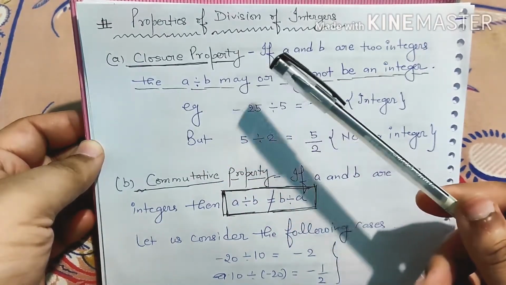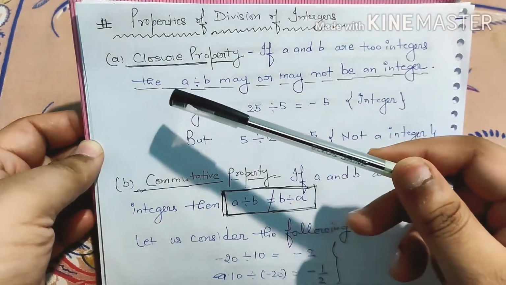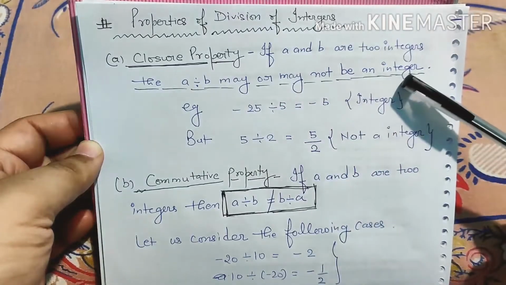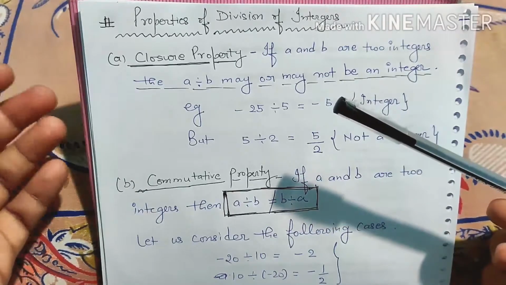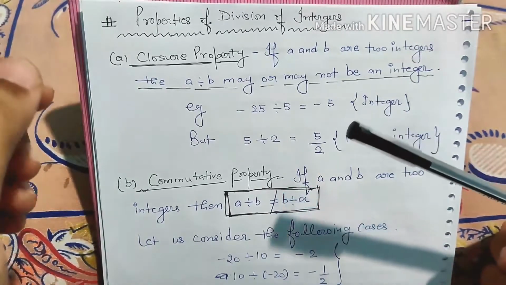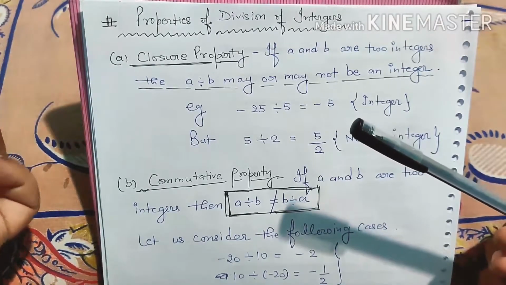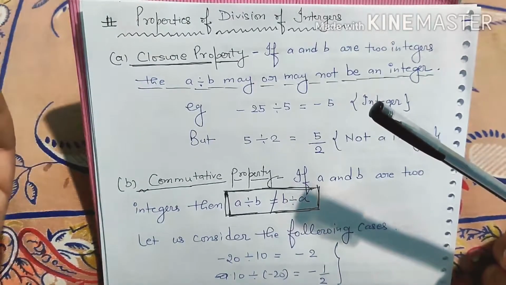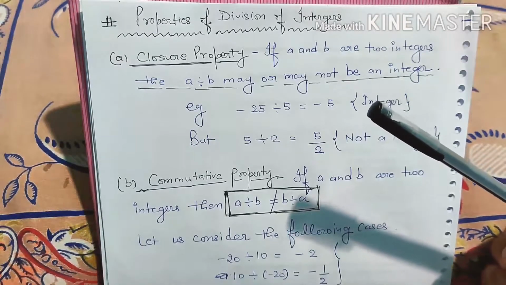It says that if a and b are two integers, then a divided by b may or may not be an integer. Suppose a has any value and b has any value, so it may be possible that the answer of the division is an integer or not.